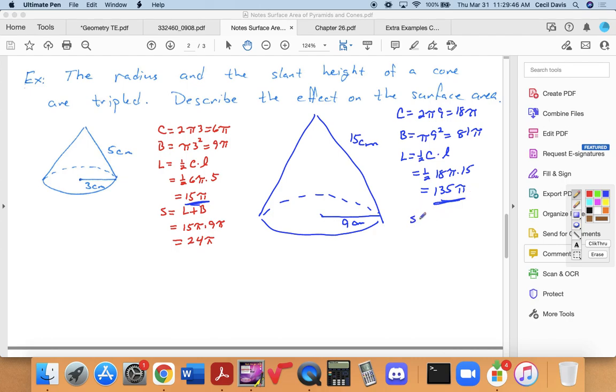Let's go on. Surface area. So lateral area plus the area of the base. So that'll be 135 pi plus 81 pi. That's 216 pi. 216 pi divided by 24 pi is 9.